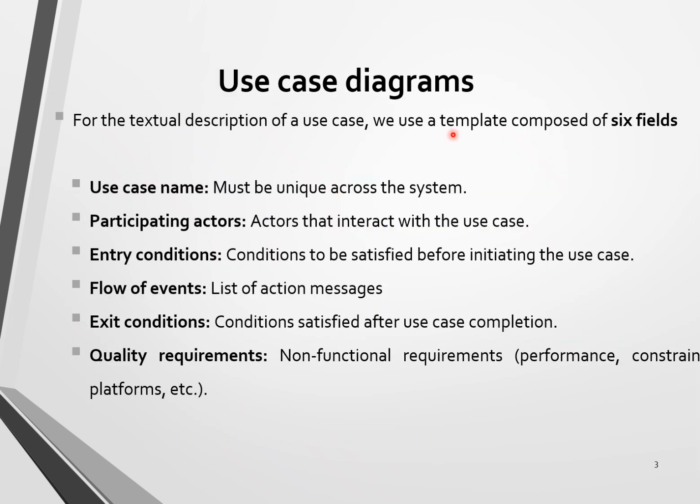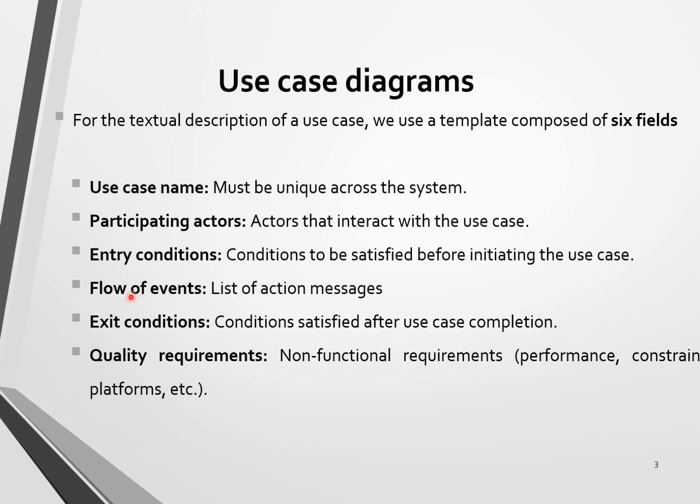So the use case description, as per the template, consists of 6 fields which we are following. The name of the use case should be unique, and the participating actors who are interacting with the use cases, and the condition to enter into the application.